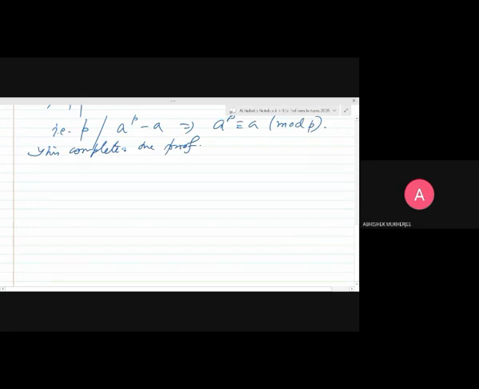Then you will see that in finite groups, this counting principle will have some great impact. What is that?